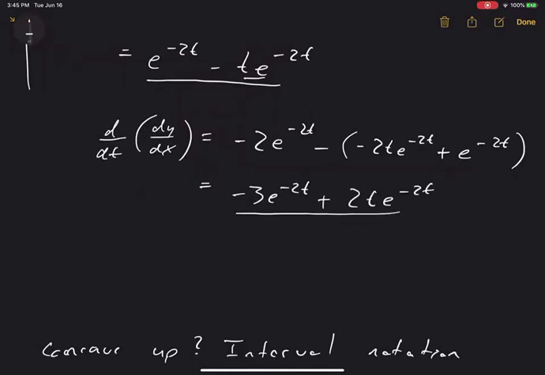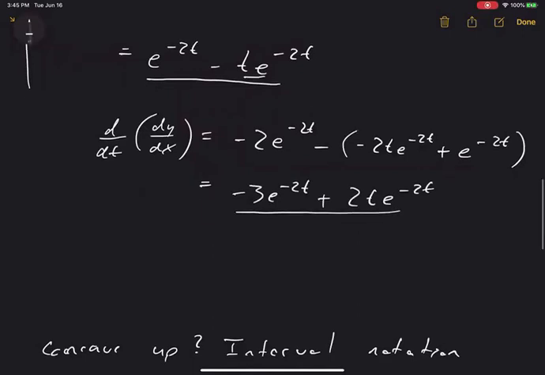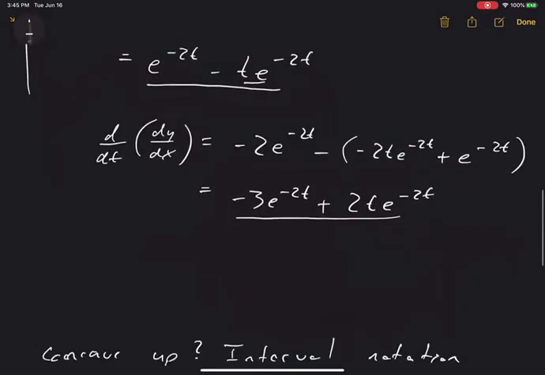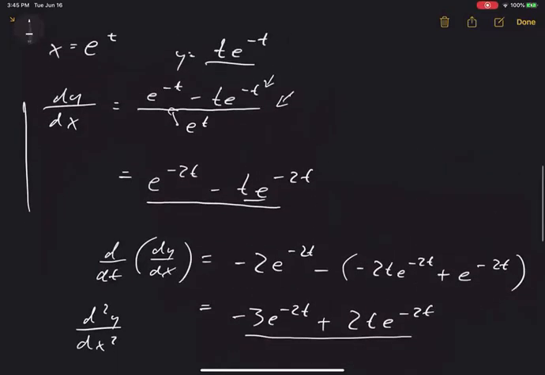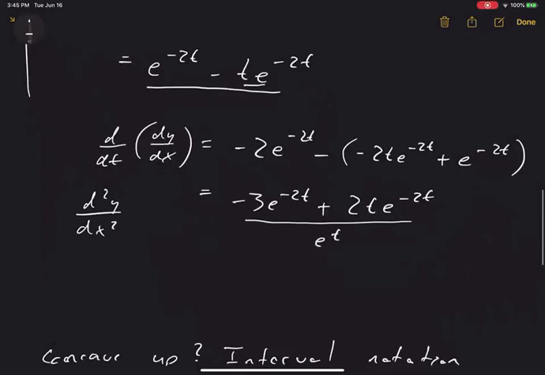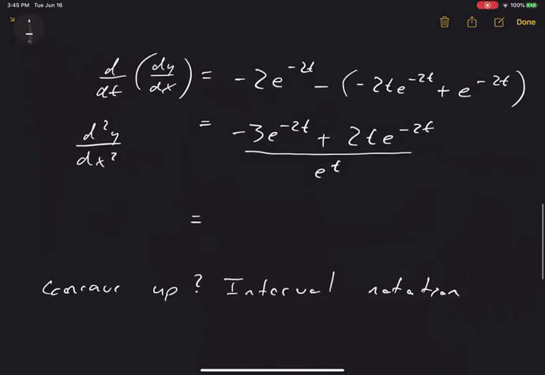Okay, this is my first step in finding the second derivative. And then next, I need to just divide this by dx/dt, right? And that should give me the second derivative. So d squared y over dx squared, it's going to be this thing divided by, what was our dx/dt? Just e to the t. And then I can simplify this some more. Okay, so minus 3e to the -3t.